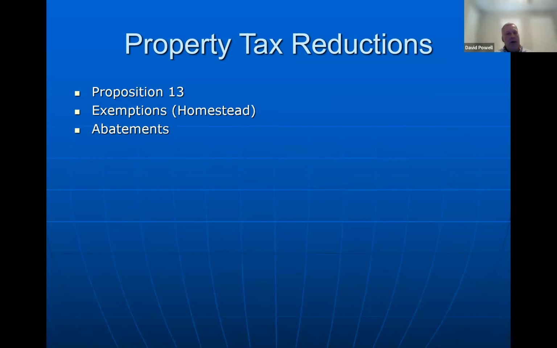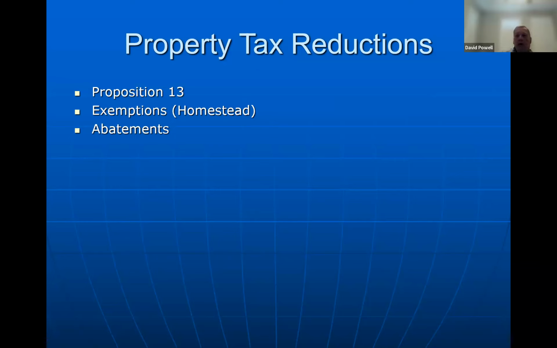And kind of like your home having a circuit breaker, the purpose of this circuit breaker is to try and protect your homeowners from shock, to try and protect them from the full impact of these property tax rates. So there are ways in which we can reduce the property tax burden for our property owners. Proposition 13 is obviously the most notable circuit breaker in that it does substantially reduce the property tax burden for homeowners here in the state of California. And we'll talk more about that in the next slide.